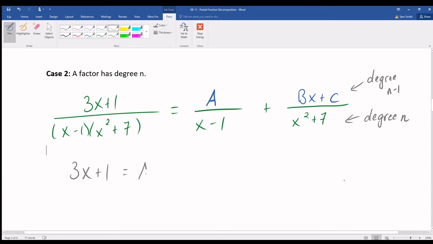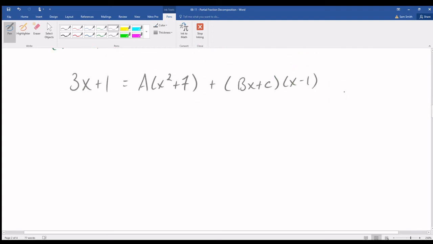We'll have a times x squared plus 7, and we will have the quantity bx plus c times x minus 1. At this point, we could multiply everything out and compare the coefficients of x squareds, the number of x's, and the number of constants.